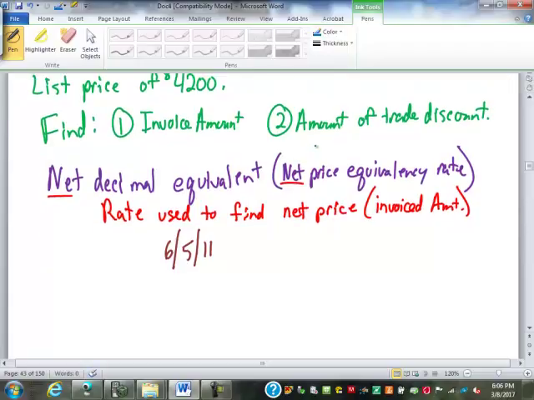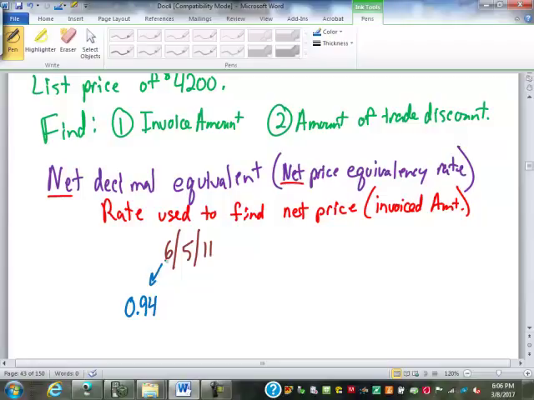And I'm going to kind of do two steps in one here. 6% discount means we're paying what percent? 94%. So I'm going to write that as a rate, 0.94. So I'm going to stop. Any question as to where that 0.94 came from? From the 6.